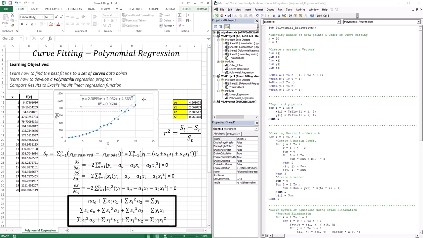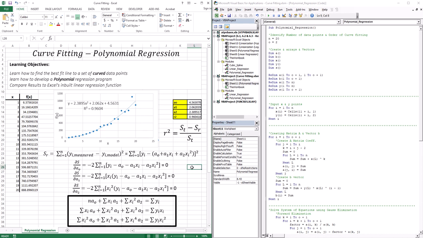You can see here A naught is equivalent to 4.5631, exactly what we got here. The A1, 2.062, the same as we have here. Also the same thing for A2, and exactly the same R squared. And like I mentioned in the previous lesson, that is not a surprise because that's the same theory that Excel uses in its own coding by generating this trend line.